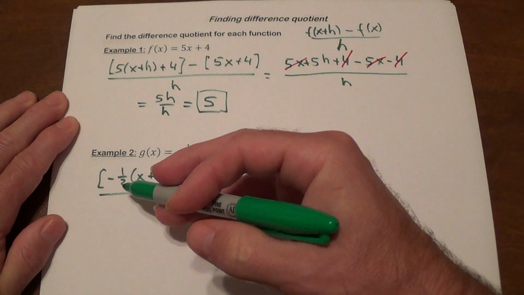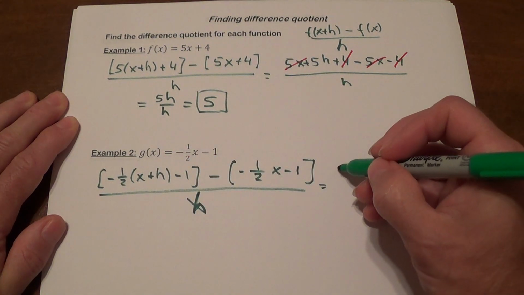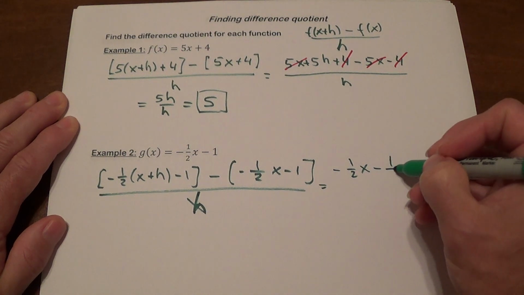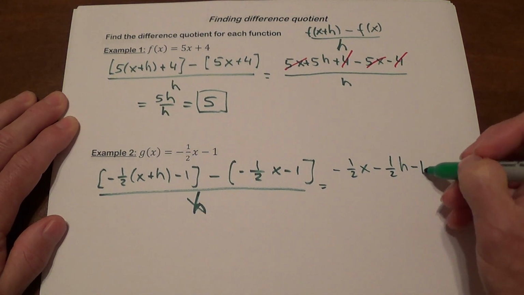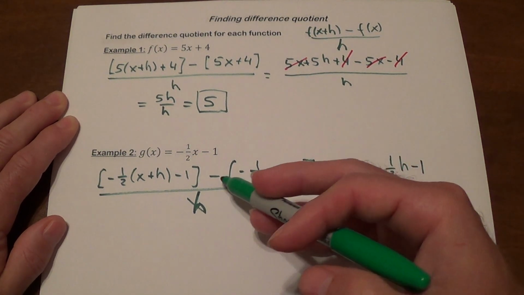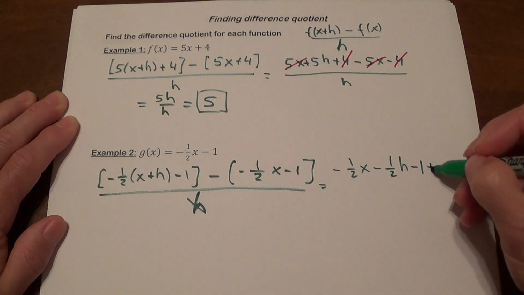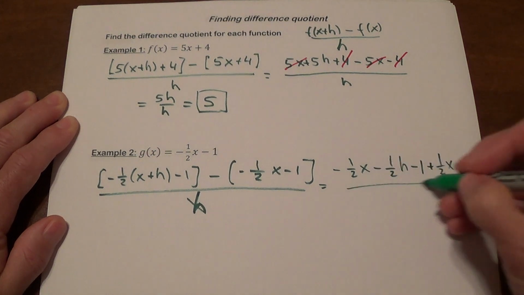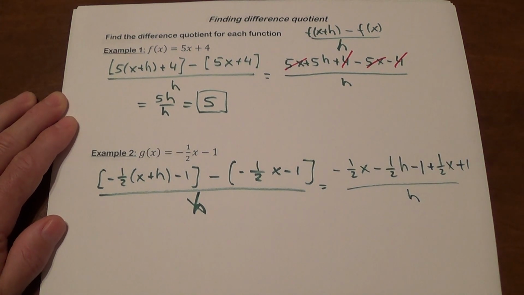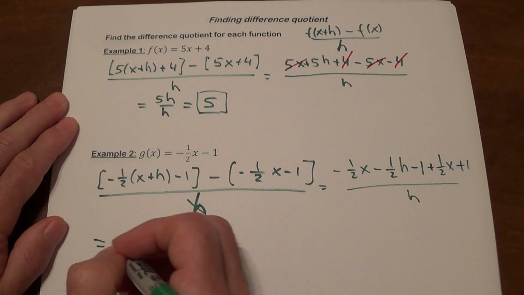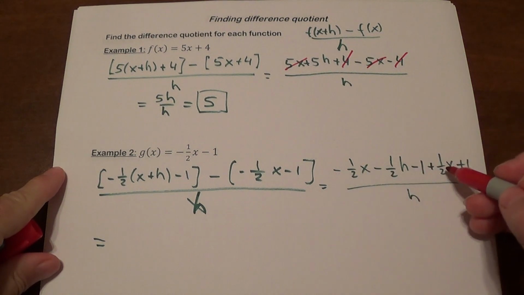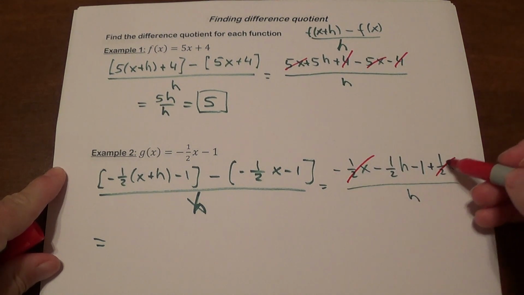So we distribute inside and open parentheses. That's going to be negative 1/2 x minus 1/2 h minus 1. And careful here, negative is going to give you plus 1/2 x plus 1 divided by h. And that takes us to what? Let's see what happens with some of the terms. Negative 1/2 x and positive 1/2 x cancel.